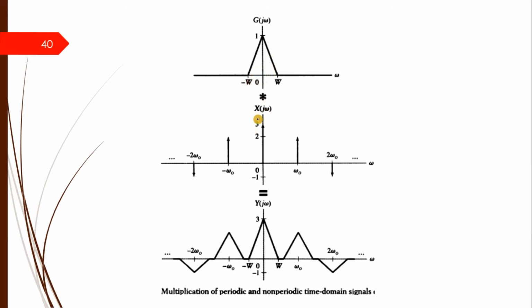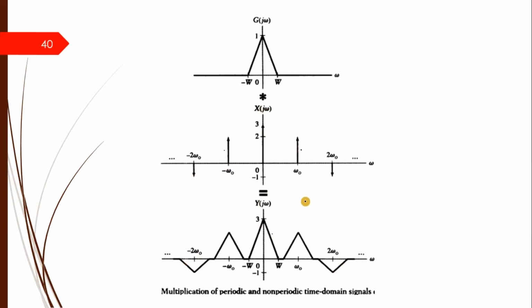Convolution in the frequency domain is not as simple as multiplication. You can just check: this spectrum just replicates wherever you have a coefficient of x of j omega. So here it is, here same thing, here it is, and it goes on extending. So convolution in the frequency domain is again complicated.